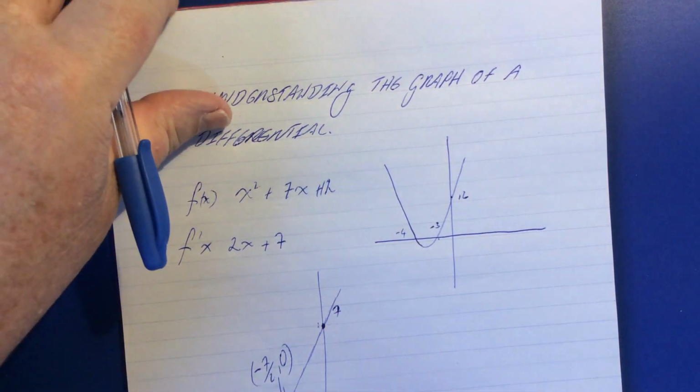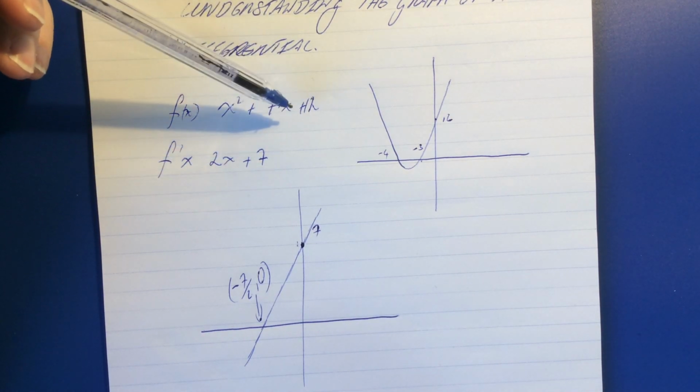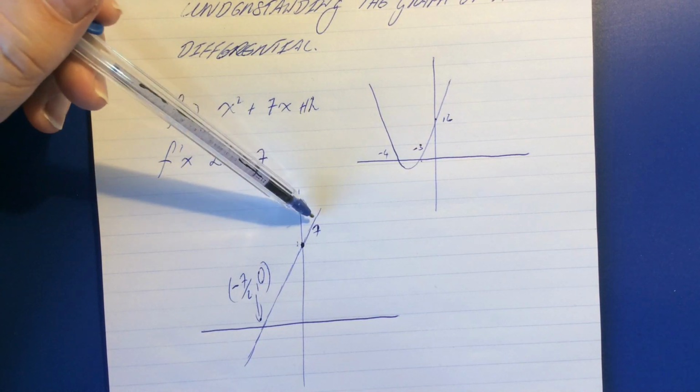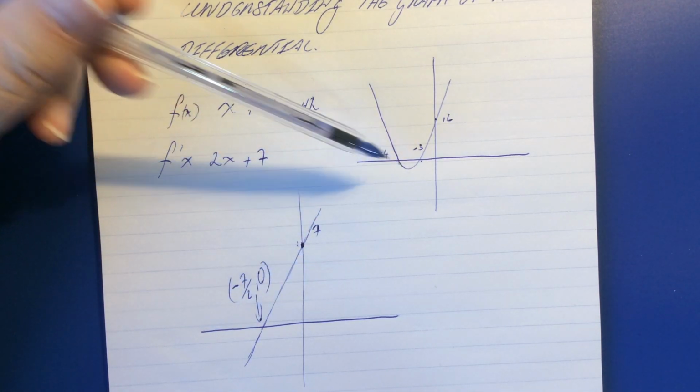Now, what exactly does this tell us? Well, the first thing to understand is that this is a graph of the gradient of this thing.